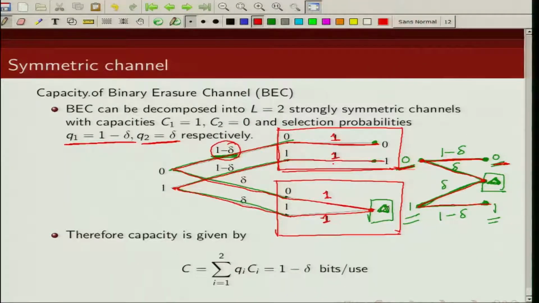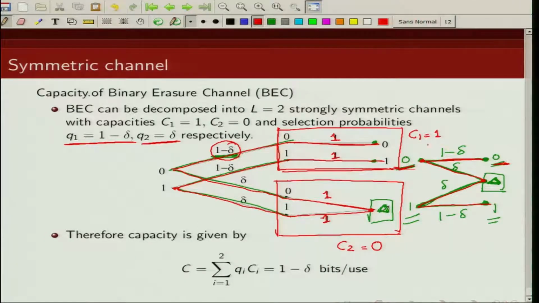J in this case is 2, so log of 2 is 1, and the transition probabilities are 1 and 0. So, the contribution due to H of Y given X will be 0. So, the capacity of this will be 1, and similarly here J is 1. So, log of 1 is 0, and these probabilities are 1. So, the overall capacity of this strongly symmetric channel is 0.